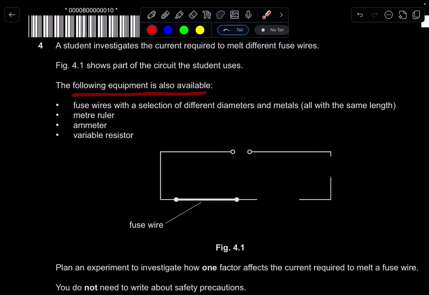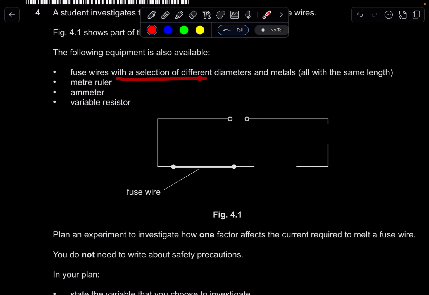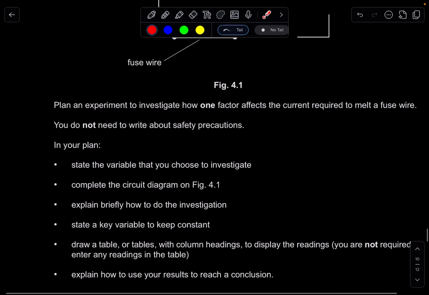The following equipment is also available: fuse wire with a selection of different diameters and metals, and all are of the same length, meter rule, ammeter, variable resistor. You have to plan an experiment to investigate how one factor affects the current required to melt a fuse. You do not need to write about safety precautions. Okay, whatever information is given in the question cannot be used in the answer. As they are telling you all the materials are of the same length, you can't take this as the variable, okay, because that is already fixed. You don't have a choice for that.